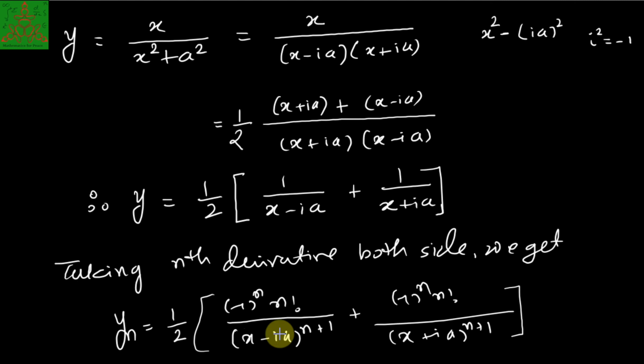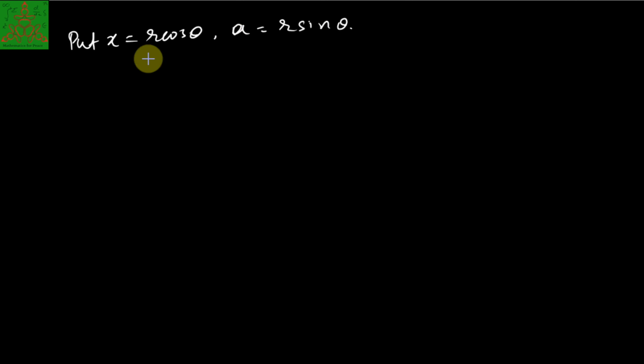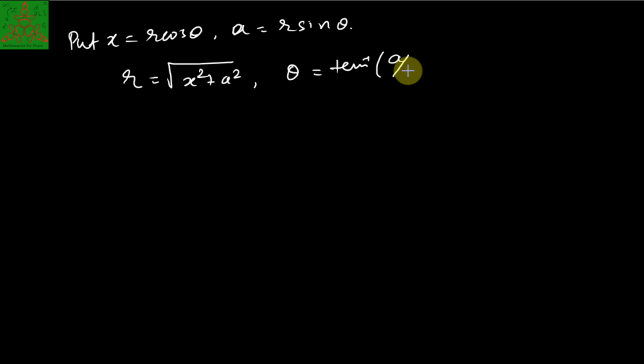So yn should be a real quantity. To get a real quantity, we substitute x equal to r cos theta and a equal to r sin theta. So we know that r is the square root of x square plus a square, and theta will be tan inverse of a by x.